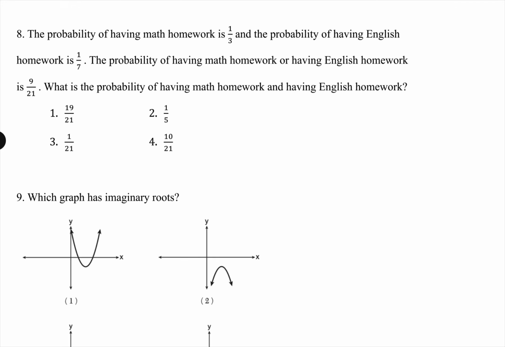So here, I'm looking and I see this word, or, and I also see the word and. You're going to feel like you've seen this equation a couple times now.